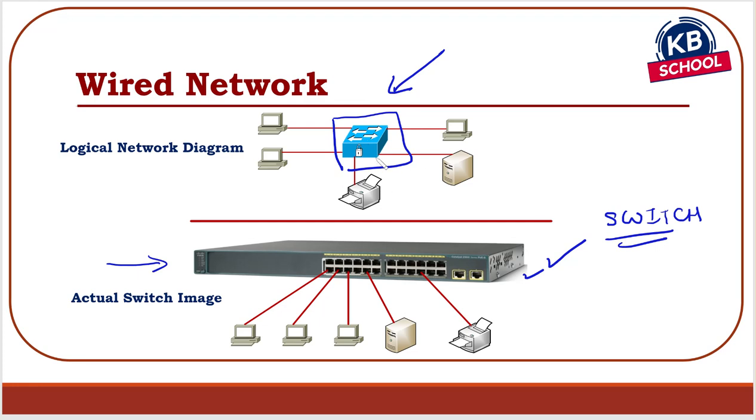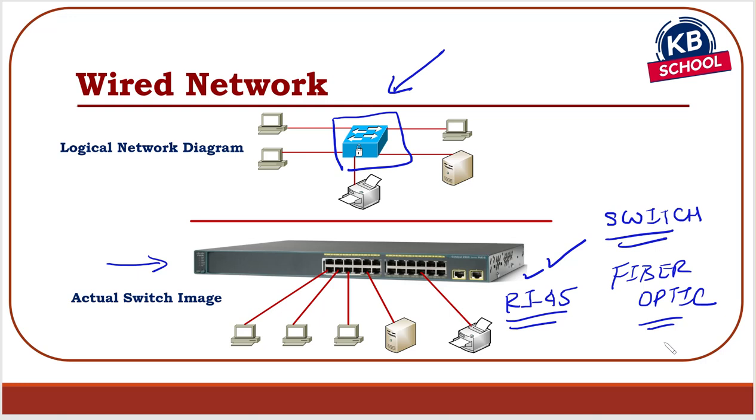Whenever you see an image like that, you need to know this is a switch that is connecting all these different devices, whether it's PCs or your servers or your printers, to each other. So you would take that RJ45 cable, or the newer cables, which are called fiber optic cables, which give you higher speeds, to connect the devices to each other on a wired network.